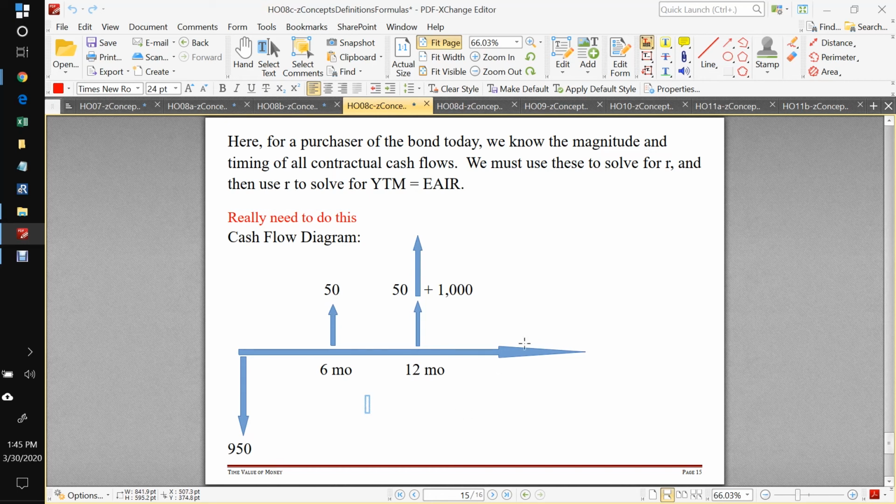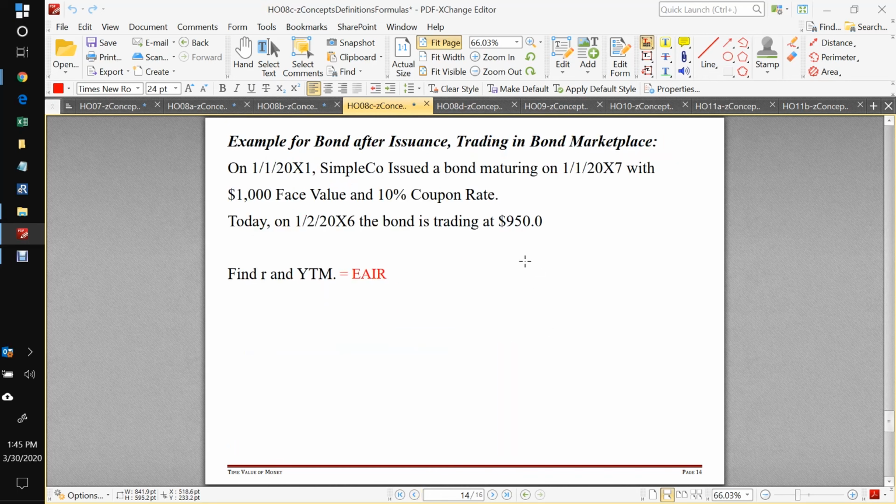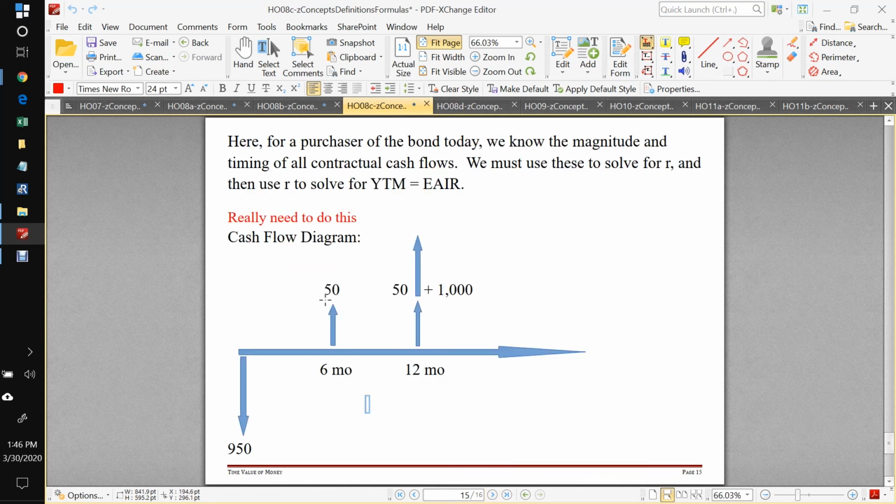This bond has a 10% coupon rate, so that means it's going to pay $100 every year. But remember, the coupon is paid, 50% of it is paid twice a year. So that's how I got the 50 here. Okay, so 50 equals 100 divided by 2.